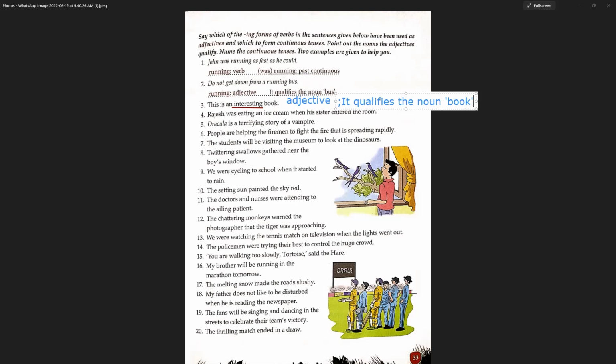Past continuous. Exactly. Please underline was eating there. And you can write that is past continuous. Yes, was eating. That is past continuous. Who can take the chance for number 5 about Dracula?